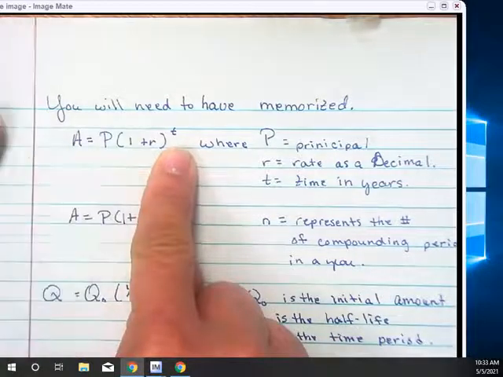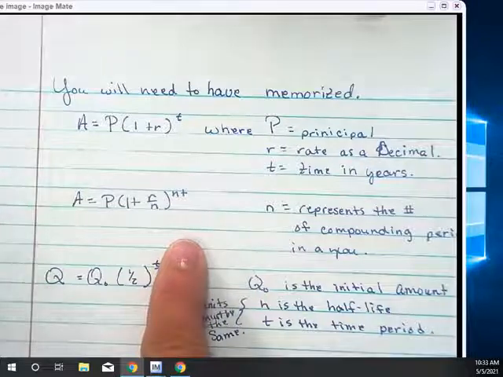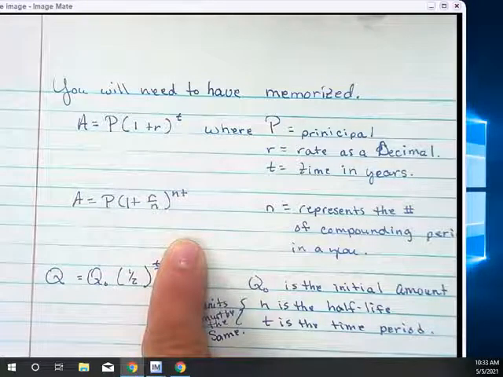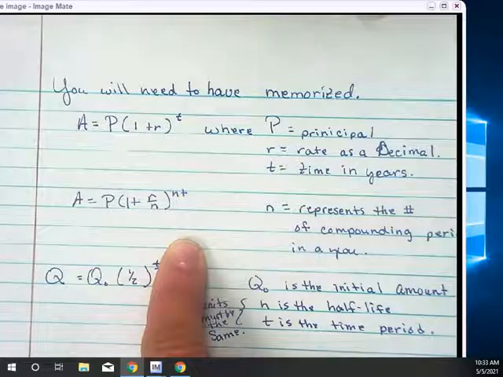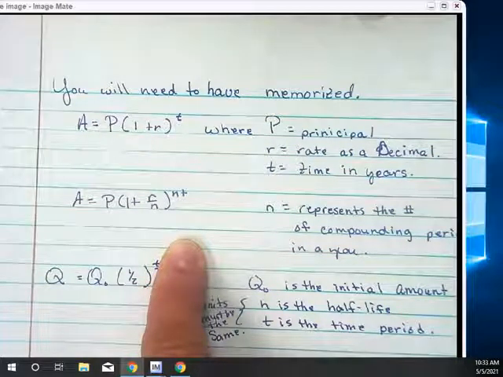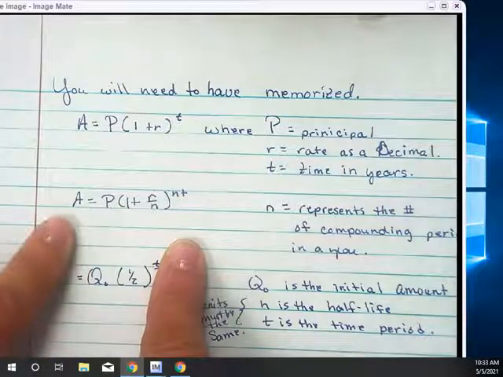Okay? If you are talking about savings accounts where you get interest added every 3 or 4 months, semi-annually. If you're talking about credit cards where they are figuring your interest on your credit card monthly, then we're going to have to switch to this formula.